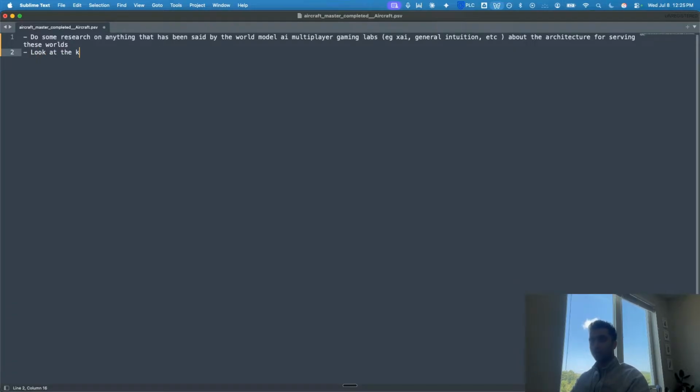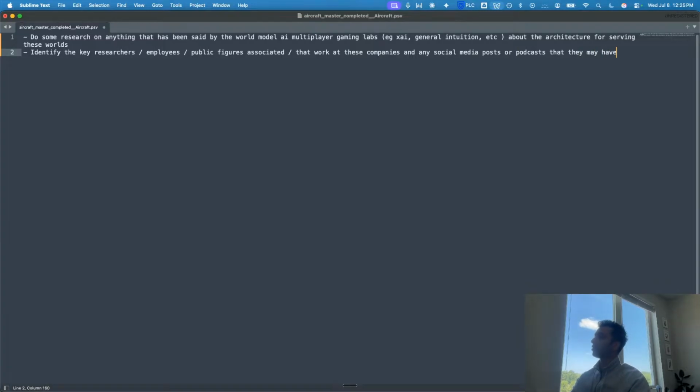Identify the key researchers, employees, public figures associated with or that work at these companies, and any social media posts or podcasts that they may have done in which.